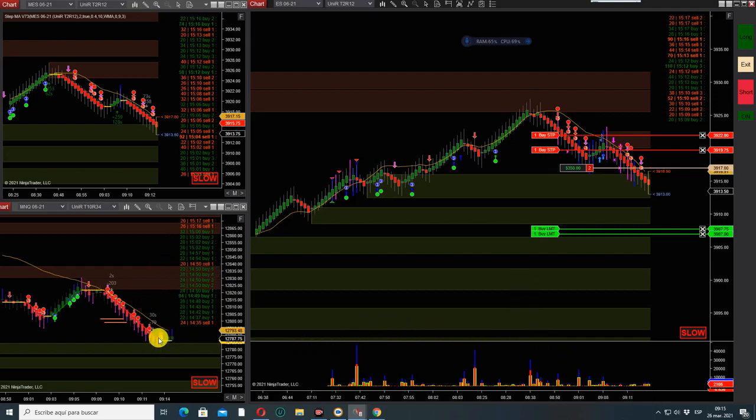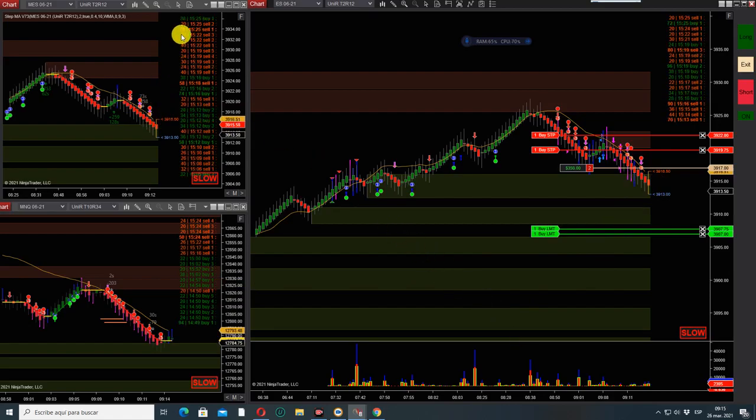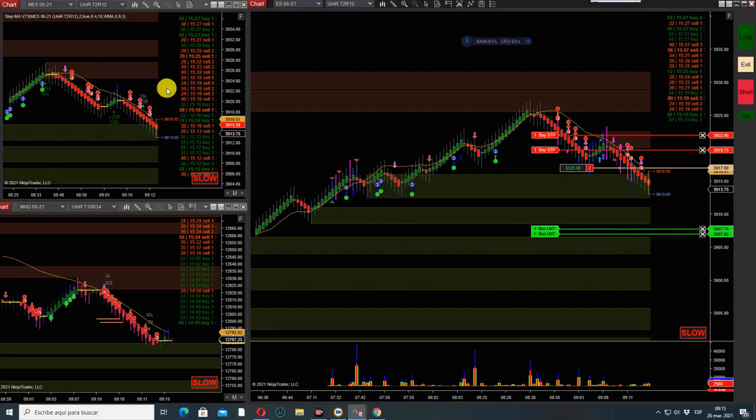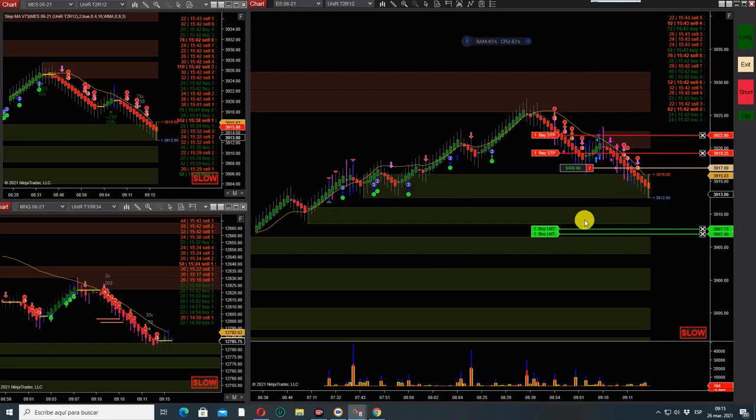Now you see the Nasdaq big buyers down here, but the ES is telling another story. We see imbalance down here in the micro ES. Nasdaq is reversing. Okay, they're starting to move now.